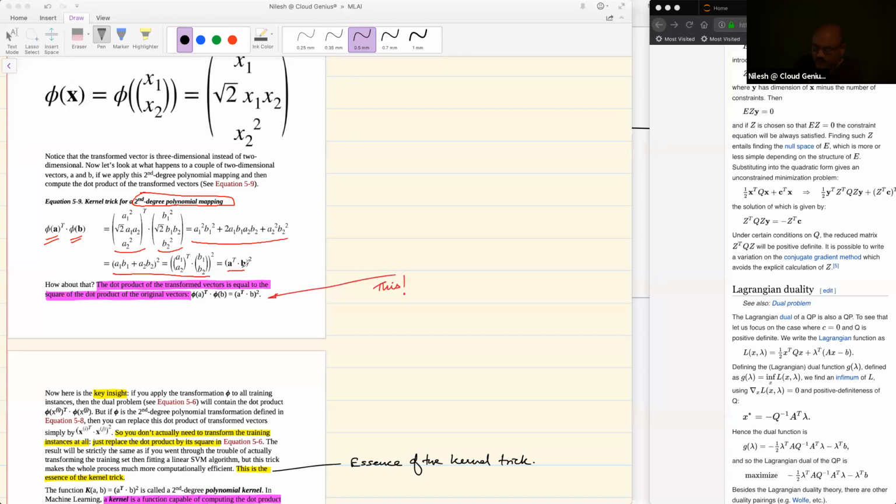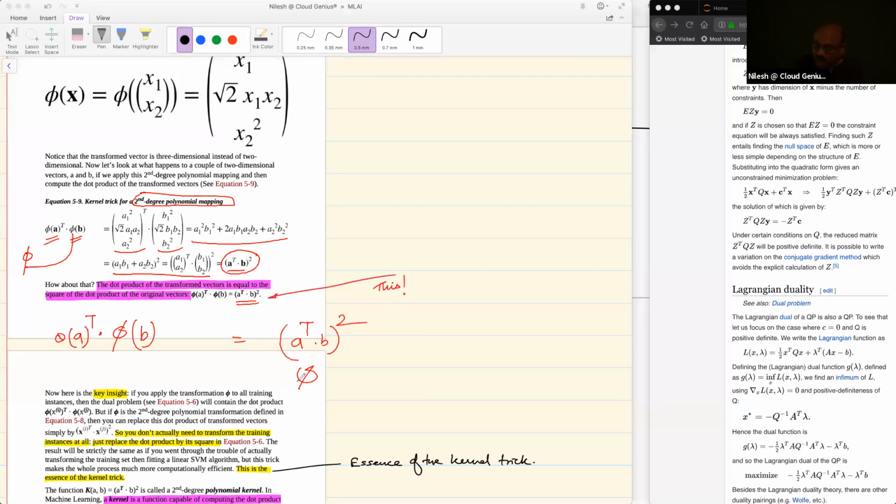What does that mean? It means we can calculate the output without knowing what this phi is. You see that? If you look at this expression, phi of A transpose times phi of B is (A transpose times B) squared. There is no reference to phi here at all.